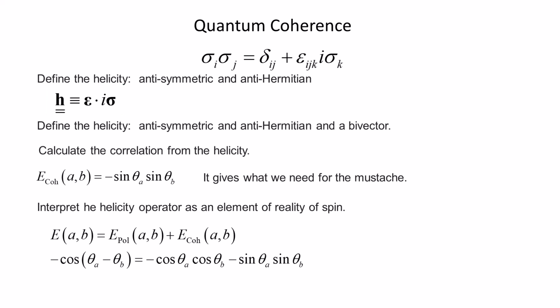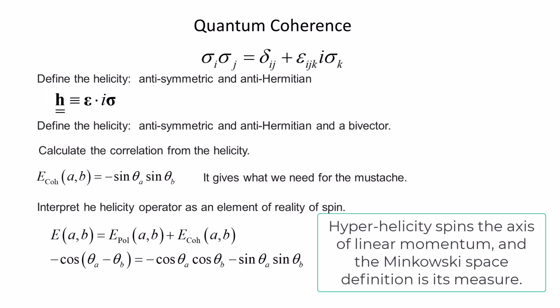I call it the hyper-helicity because it is defined differently from the usual helicity, which is the projection of the spin 1/2 vector onto the axis of linear momentum. The hyper-helicity generates the helicity, and the projected form in Minkowski space is its measure.